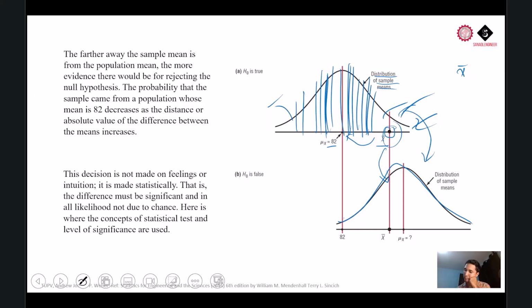But if the gap, that is the mu x, the distance, and that value of the IQ of Newton is so wide that it's very close to the far right of the tail, then it probably does not belong to this population.